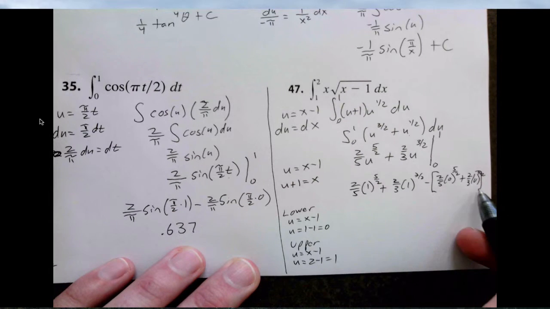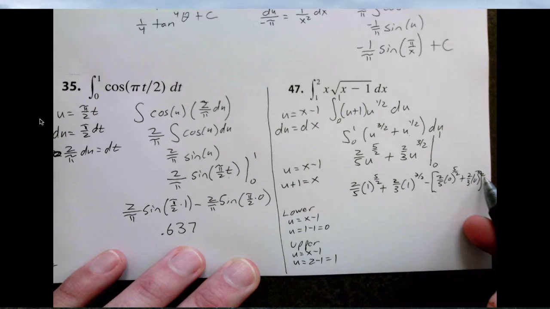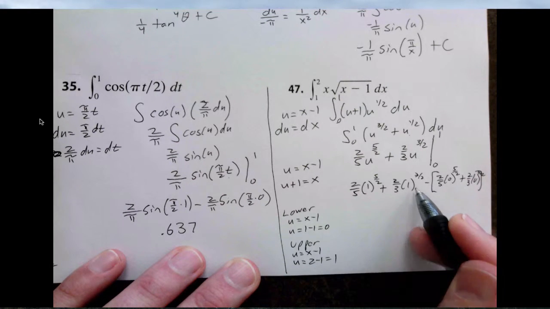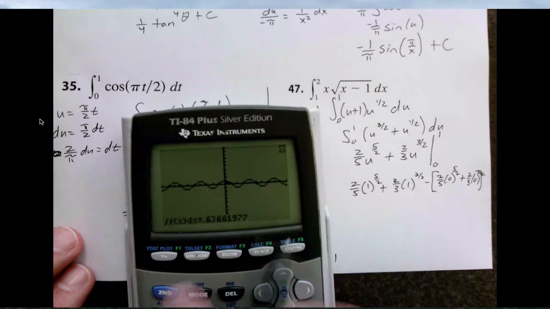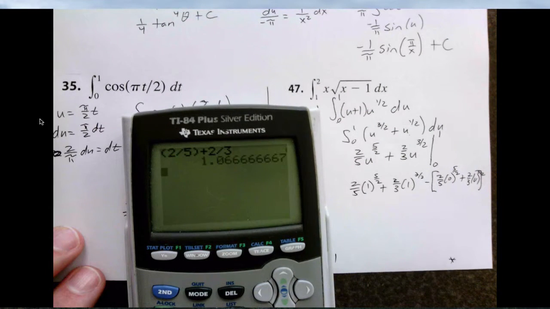All of this bracket is 0. It really didn't do anything. That was a 3 halves right there, kind of on the bracket, but any of this is zeroing out. So I just have to figure out this front side.